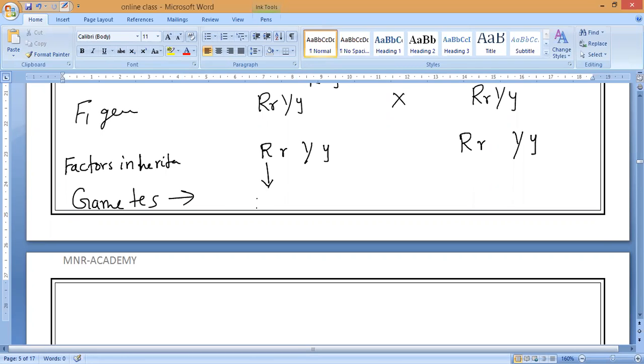First one, capital R, capital Y. This is the first gamete. Next, second one, what is it? Capital R, small y. Very good. Next, third one, small r, capital Y. Next, fourth one, small r, small y. Same way here, what will come?